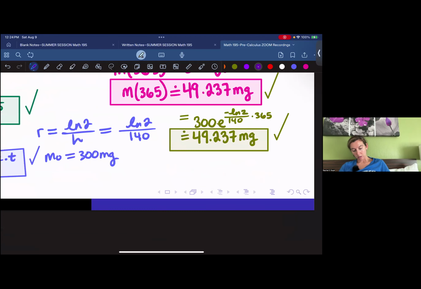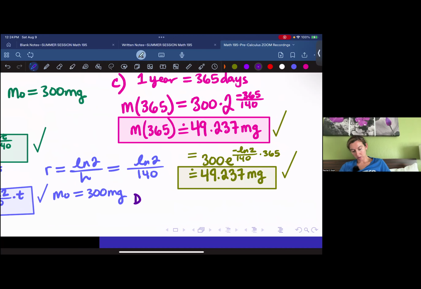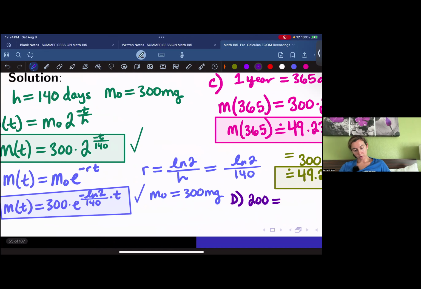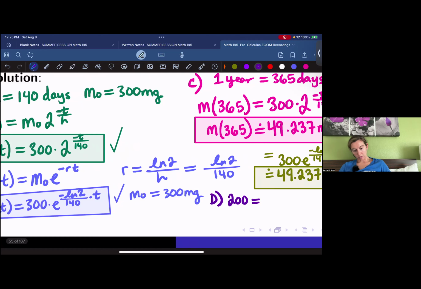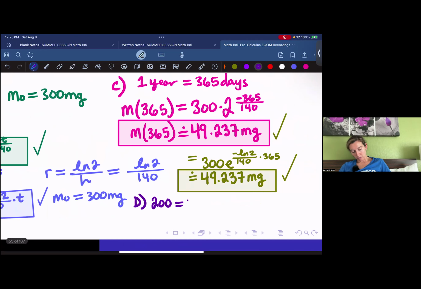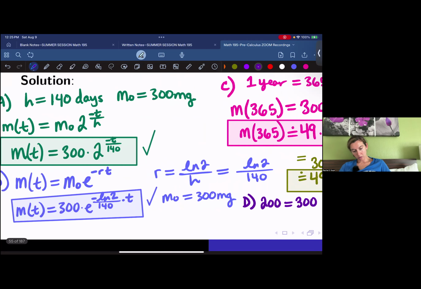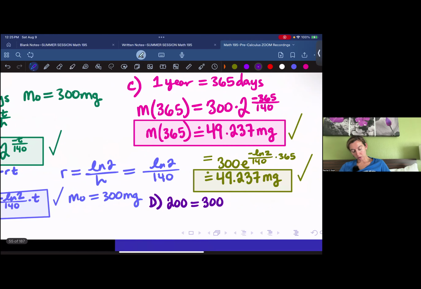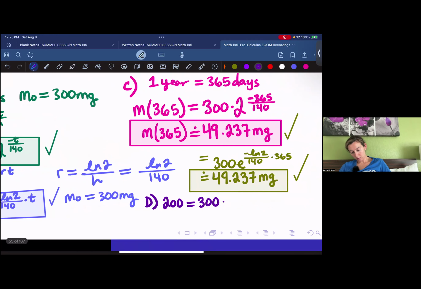We get 200 is equal to, and we want to solve for t, 300 times 2 to the negative t over 140.